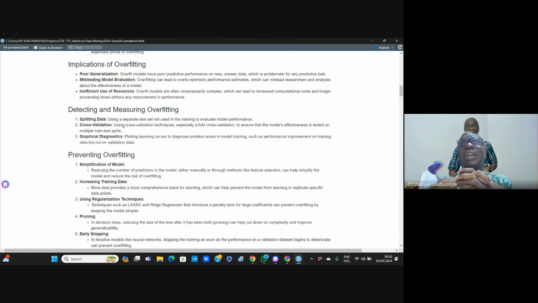If you learn your driving from UI main gate to the central admin area of the bookshop, you'll be very good after some time, that you can even close your eyes and drive from the main gate to the bookshop. That's training. So that model will do very well in the training data.